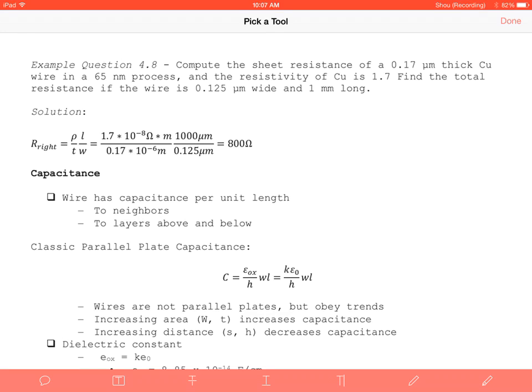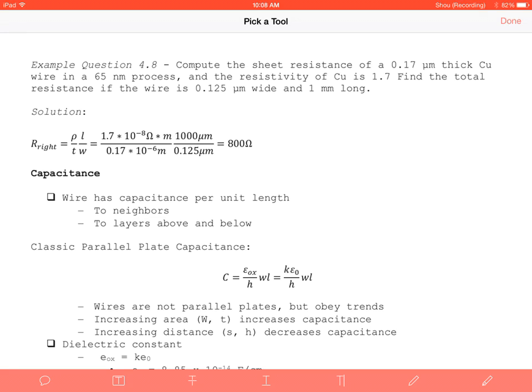So we have a 1 millimeter long wire, which I'm obviously drawing much longer than 1 millimeter. But we can ignore that, that's copy and paste. But same equation, resistivity divided by the thickness times the length over the width. And we have 1.7 times 10 to the negative 8 ohm-meters, right? And that comes from 0.17 micrometers.